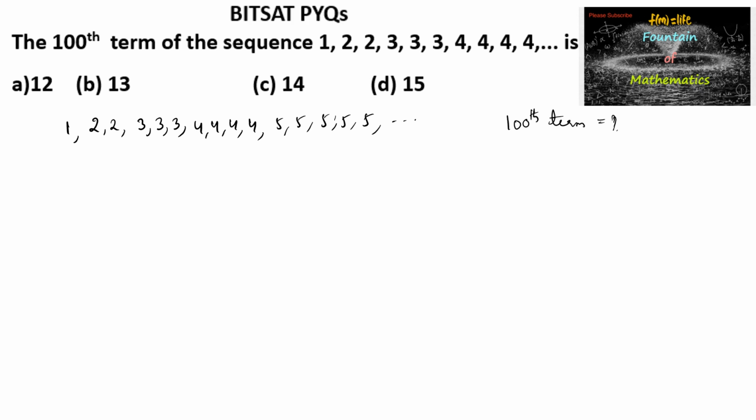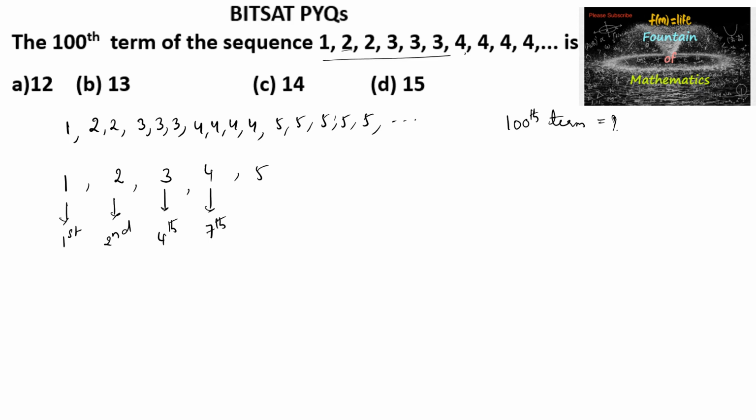So here we can say 1 is obtained in the first position, 2 is obtained in the second position, 3 is obtained in the fourth position, and 4 is obtained in the seventh position.